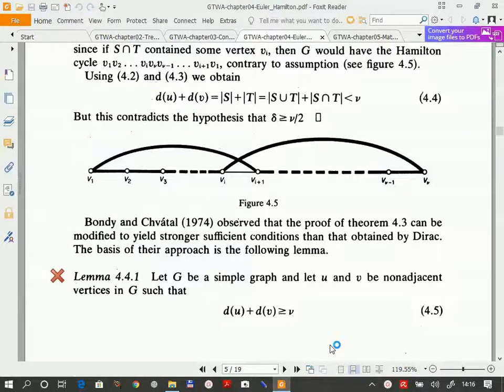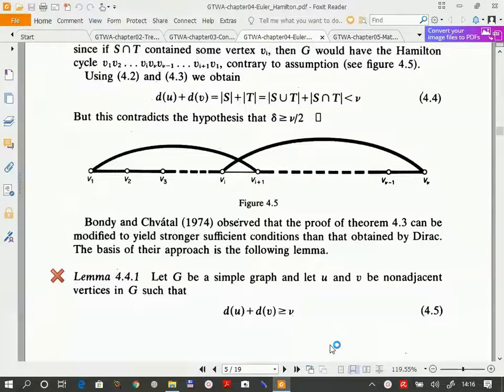In this chapter, we have two types of problems which are rather similar to each other. That is the one of Euler tours, meaning you have a graph and you want to start from one vertex, go along all the graph by crossing each edge exactly once and come back to the original vertex.